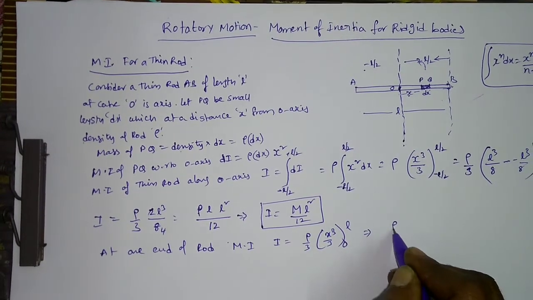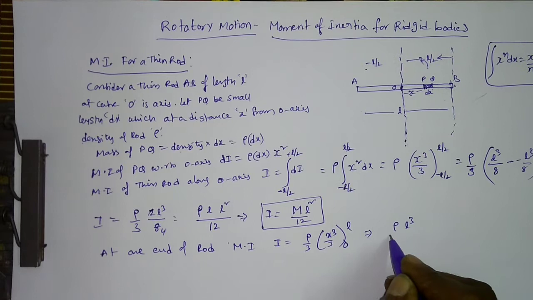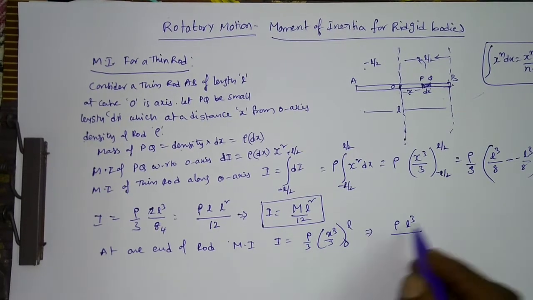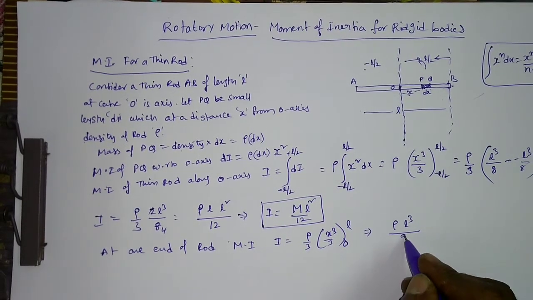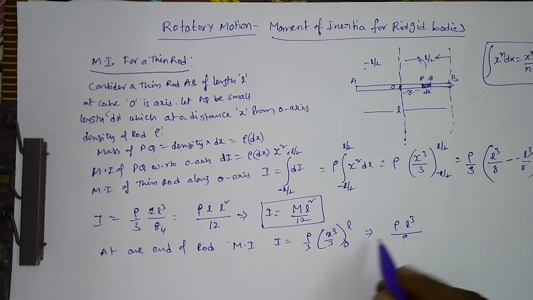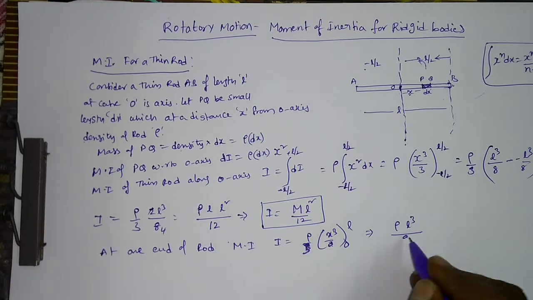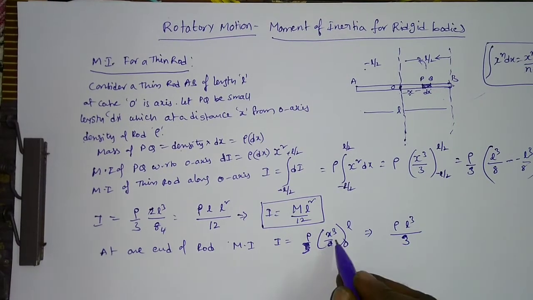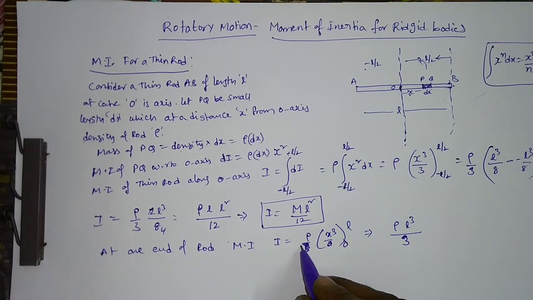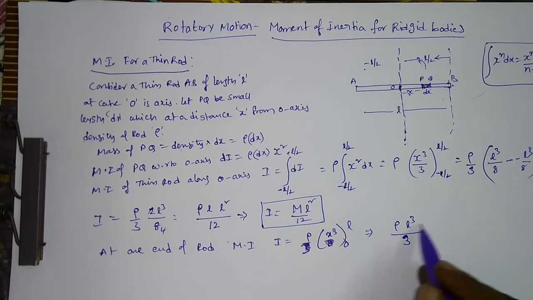That means simply 0 into L cube by 3, keeping the 3 outside, that is rho L cube by 3.